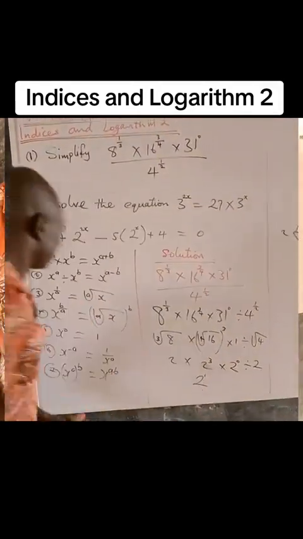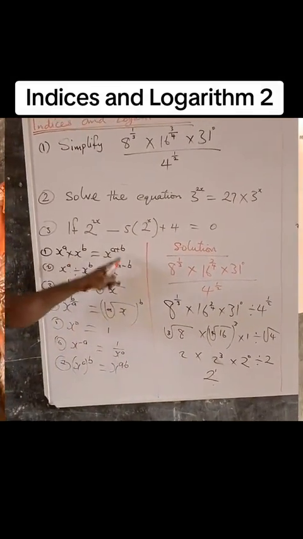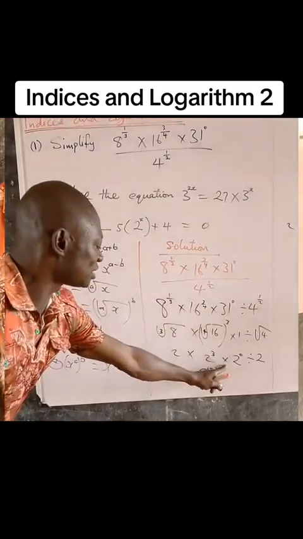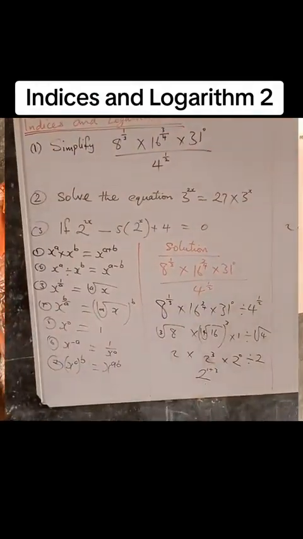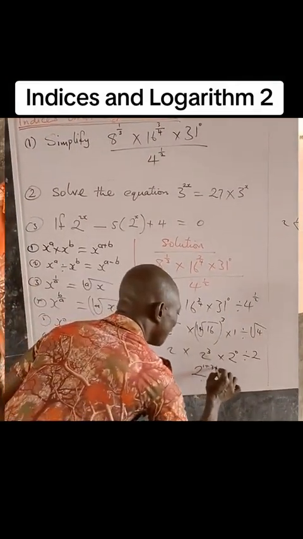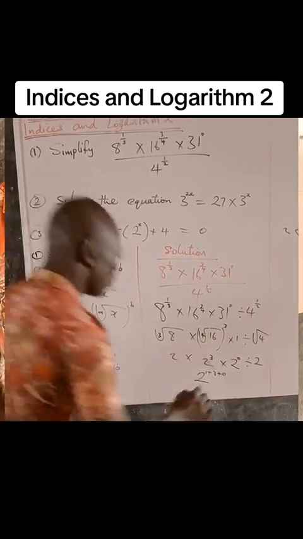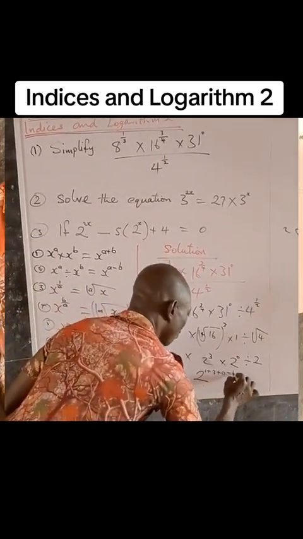When they have times, they say we should add. We put plus on top, plus 3. When we have times again, we add 0, plus 0. When we have divided, according to the second law, we subtract. We have minus 1.